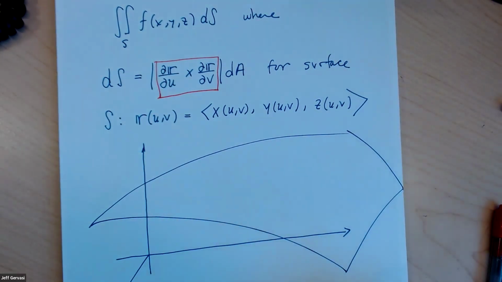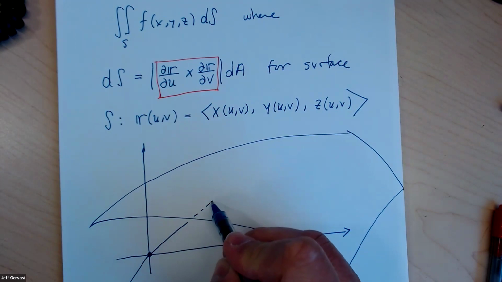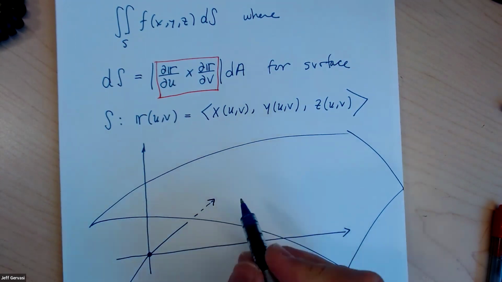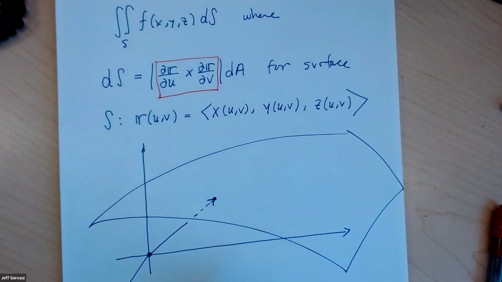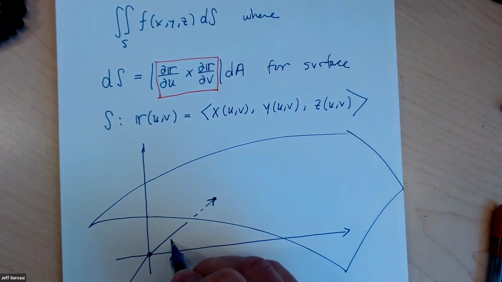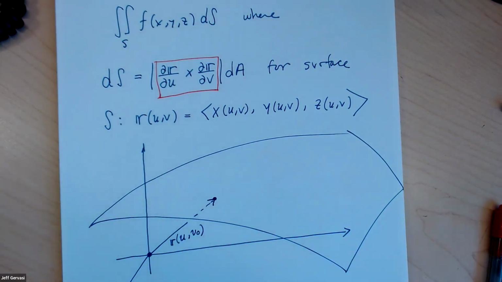Here's our vector r, and say it points to this point right here. Let the vector r of u and v sub 0 be that particular arrow.